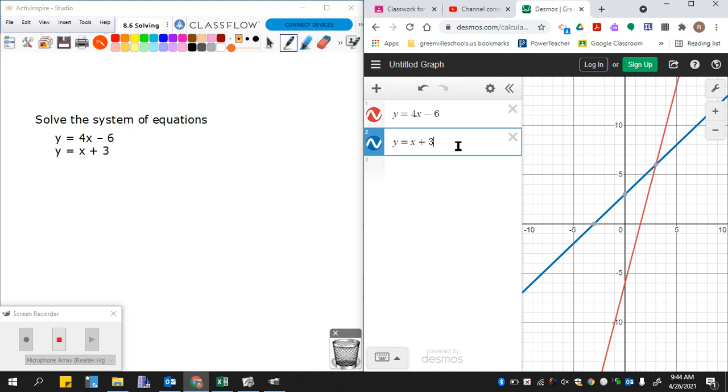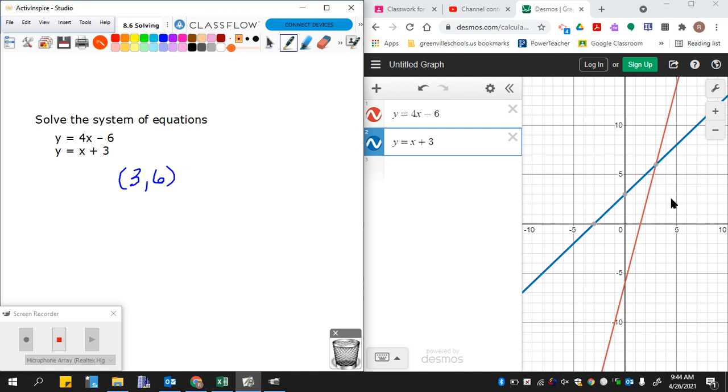When we do that, we can see that the place where the red line and the blue line cross is this point right here, and that is the solution. That is the point (3, 6). If you just hover over the point, you'll see that it's (3, 6).